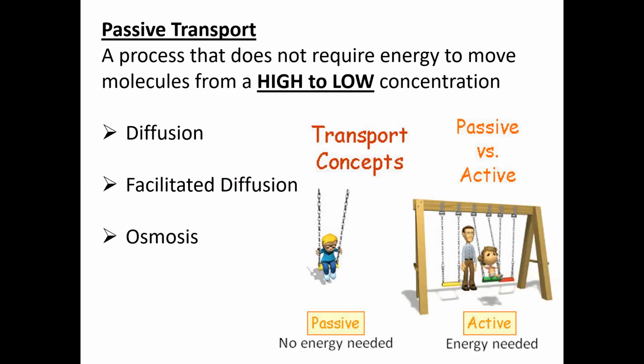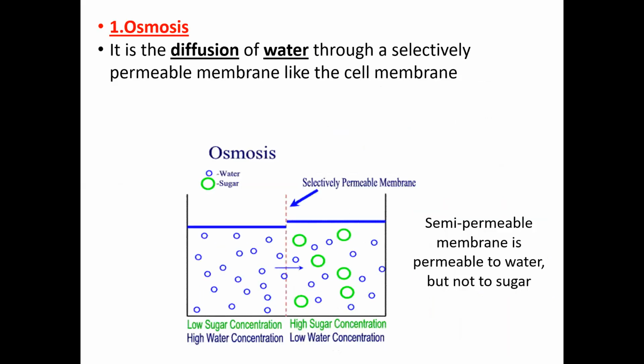The second one is facilitated diffusion, where again the molecule moves from higher to lower concentration, but by using a facility available in the cell membrane. And the third one is osmosis, where again the molecules pass across a semi-permeable membrane from higher concentration to lower concentration.